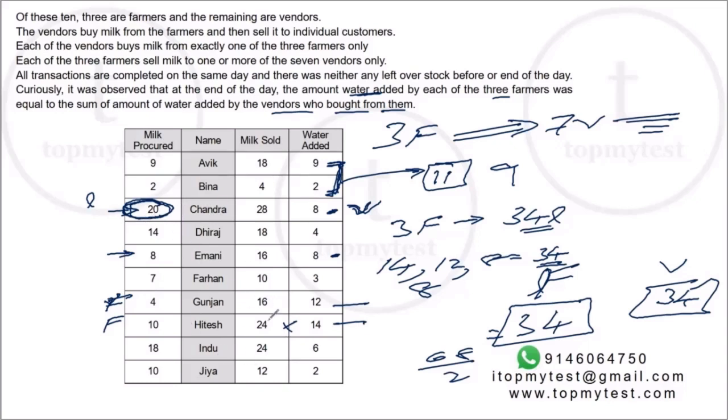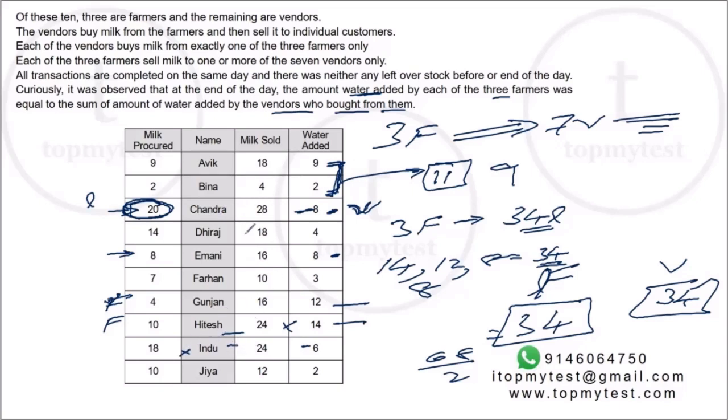Now, the only people who sell 20 or more are Hitesh and Indu. Chandra cannot buy from Indu because the amount of water added by Chandra is more than the amount of water added by Indu. Based on the earlier discussion, that is not possible.